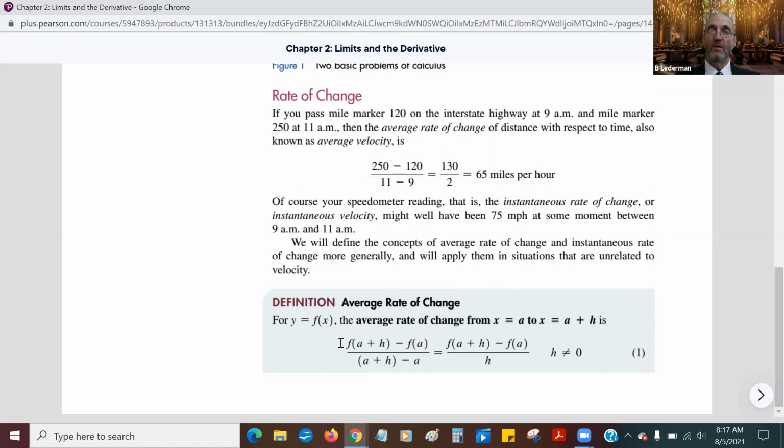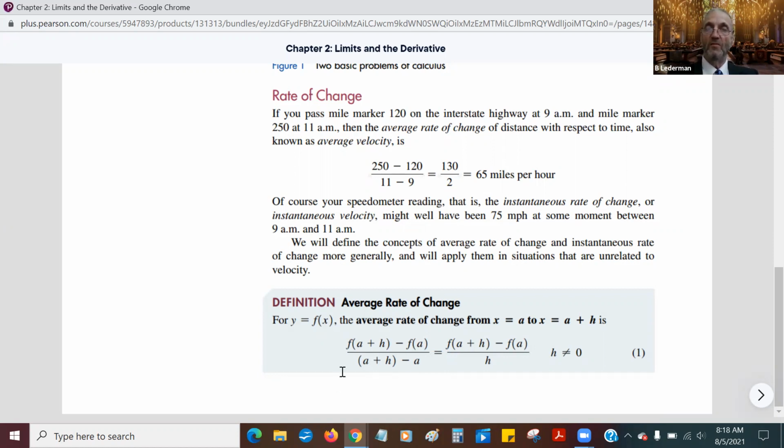So this top part is really the distance that the y value changed. And here you started at point a in the x direction and ended up at a plus h. So a plus h minus a is the distance you travel in the x direction. The top is the distance you travel in the y direction. And that really is change in y divided by change in x.